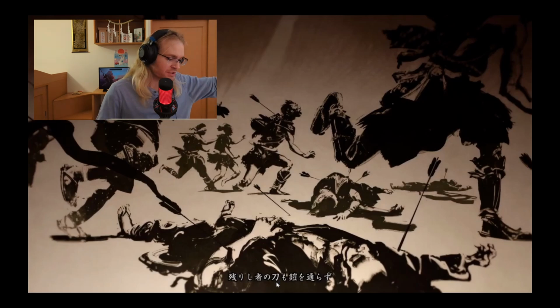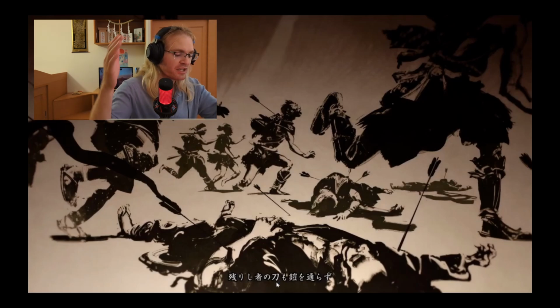Okay. So, nokorishi mono no katana. So the swords of those who were left standing, mo, what mo means is even. Even the swords of the people who were remaining. Yoroi, armor. O means the armor is receiving this action. Toru. Toru means to go through, to pass through. But then we have it in the incomplete form, and then we have zu, the negative, the final ending version.